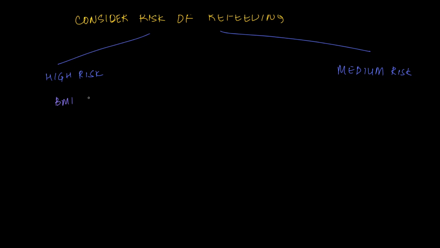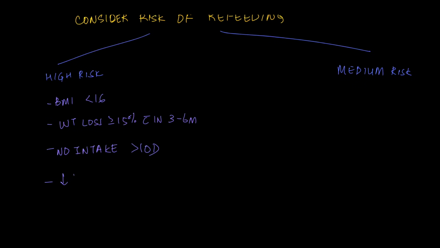That is, if the BMI of the patient is less than 16, if there is unintentional weight loss of more than 15% within 3 to 6 months, no oral intake for more than 10 days, and already the patient has low levels of potassium, phosphate, and magnesium prior to starting the parenteral nutrition. So any one of these would make the patient at a high risk of refeeding.